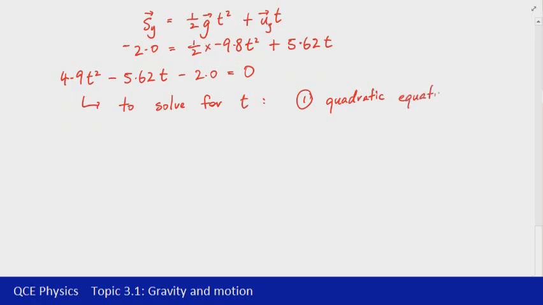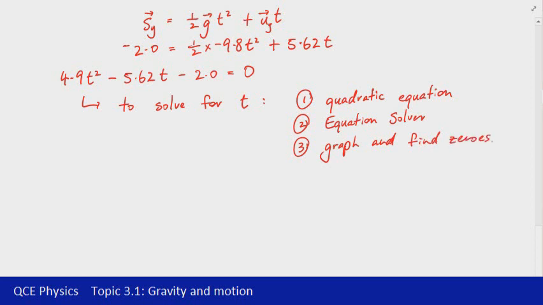The second way would be to use the equation solver on your graphics calculator. Third way would be to graph it on your graphics calculator and find the zeros. That would give you a parabolic graph, and then you'd find where that intersects the x-axis.